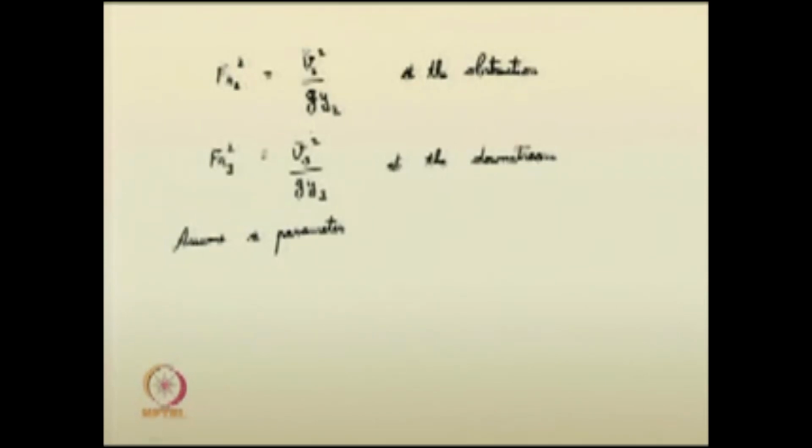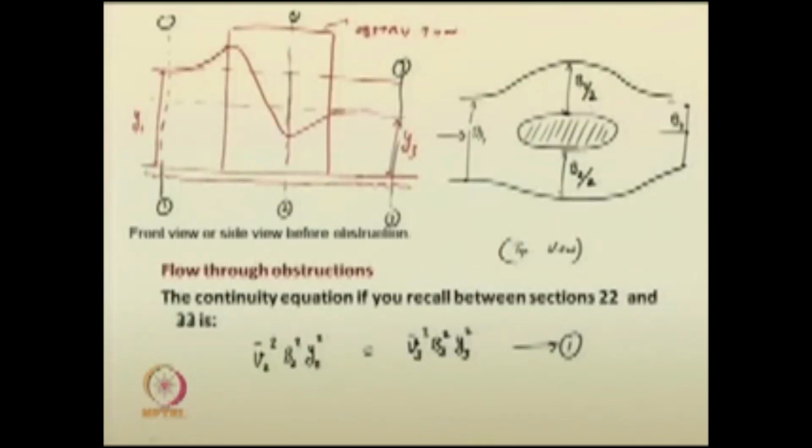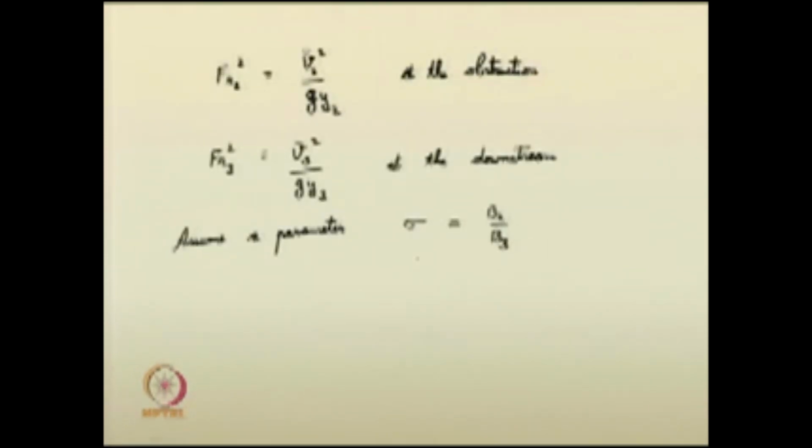in that continuity equation. Also, you can assume a parameter, say sigma, which is nothing but the ratio of B2 and B3, so it is B2 by B3. As you can see, B2 may be less than B3, but there may be some cases where B2, the combined width B2 by 2 plus B2 by 2, may be greater than B3, but that does not matter now. Let us assume this as a parameter.